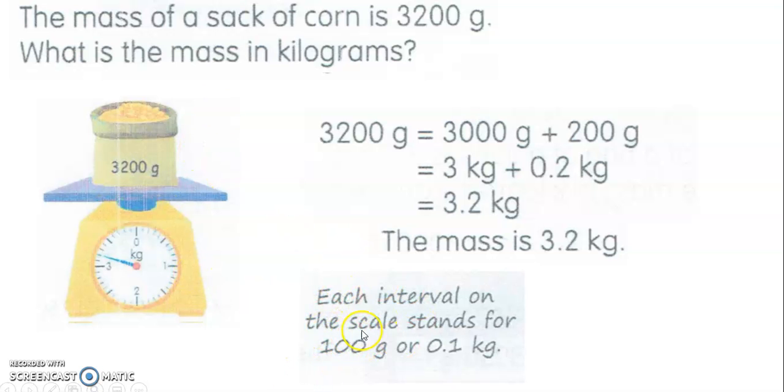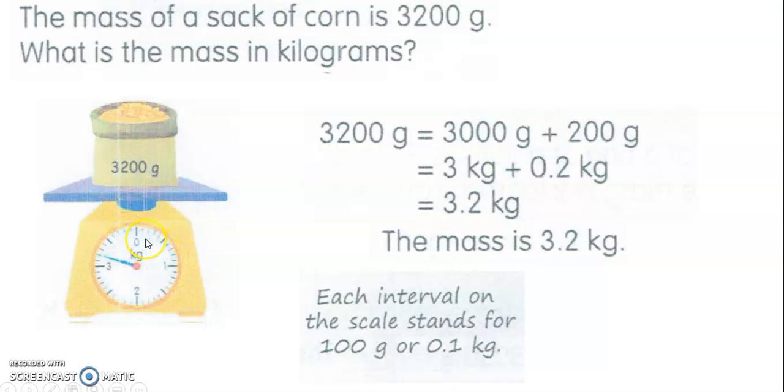Alright, if you look at the scale here, each interval on the scale stands for 100 grams or 0.1 kilogram, because the scale is divided starting from 0, 1, 2, 3, which means 1 kilo, 2 kilo, 3 kilo.